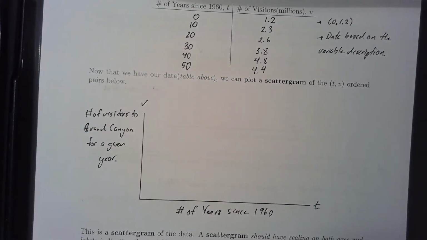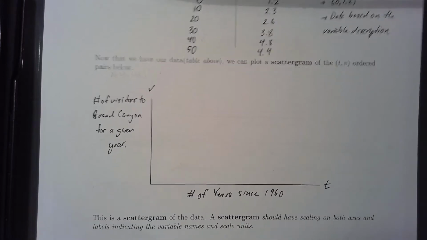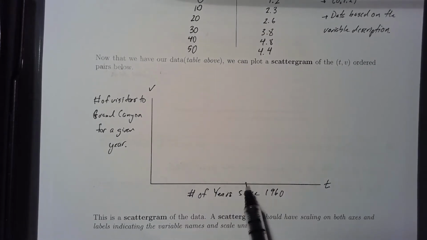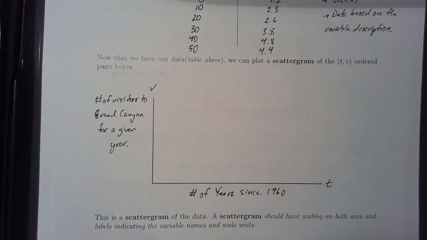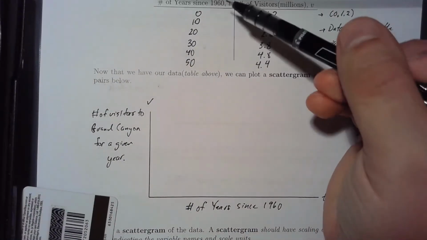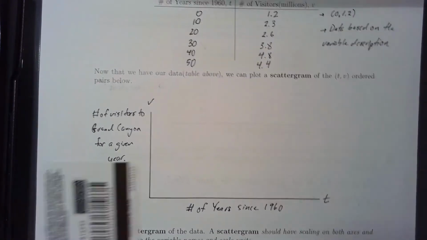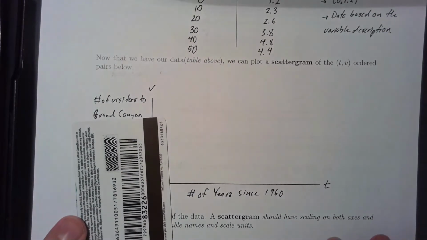Okay, so now before I start plotting my ordered pairs, I want to think of an increment size on both axes. So let's look at our data. If you look here, T goes in increments of 10: 0, 10, 20. So it's probably a good idea to go in increments of 10 on the T-axis.